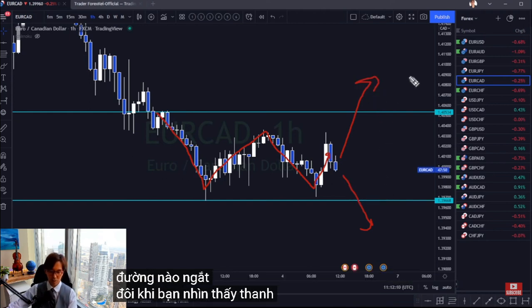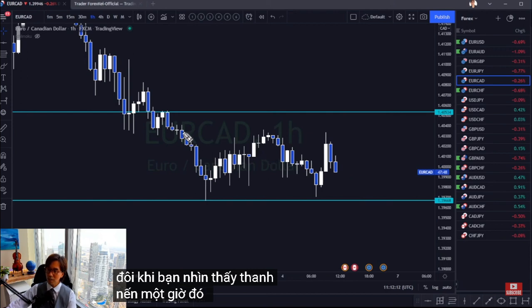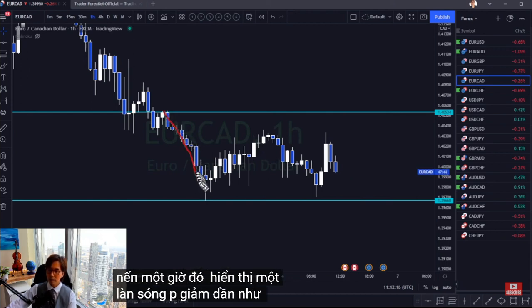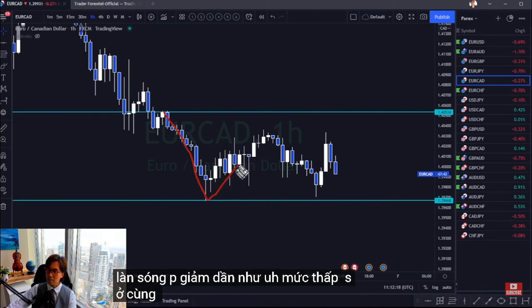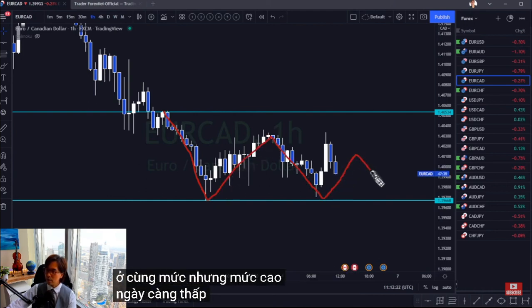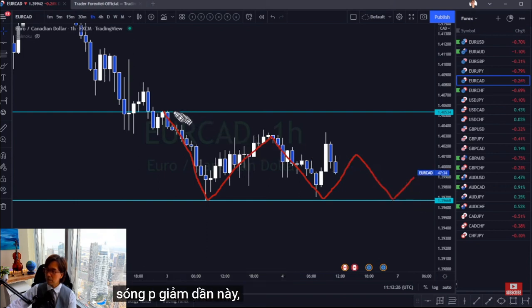But sometimes you see the 1 hour candlestick shows a descending price wave. Like the lows are at the same levels, but the highs are getting lower and lower. And you see this descending price wave.